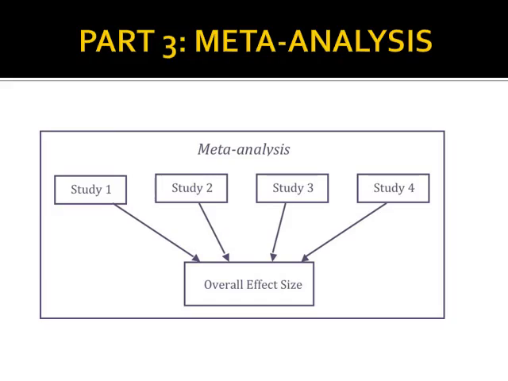So for example, let's say we want to know whether CBT reduces depressive symptoms. We could do one experimental study into that, and determine whether or not it caused a reduction in depressive symptoms, and if we found significance and we found a decent sized effect, we would be happy.